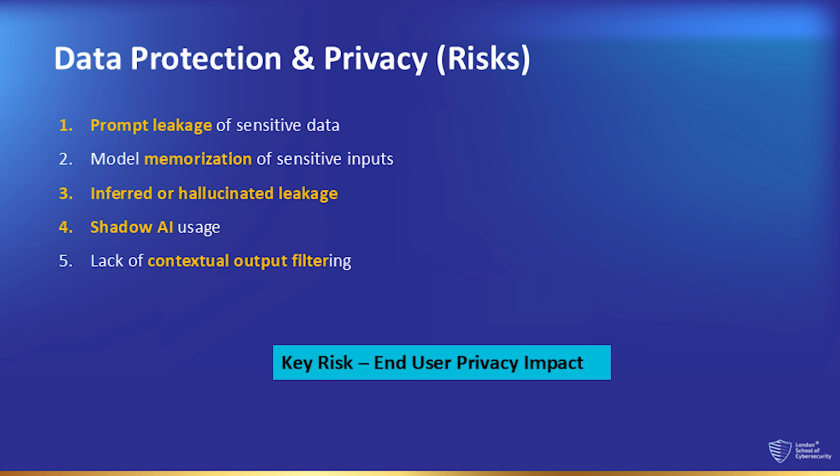Okay. Now, what's the key risk? Obviously, it's data protection and privacy. It's almost the primary risk: your end user privacy impacts, plus the data protection risks that you have today. It just blows up in terms of scale, in terms of the impact levels. Okay. Now, what can we do?